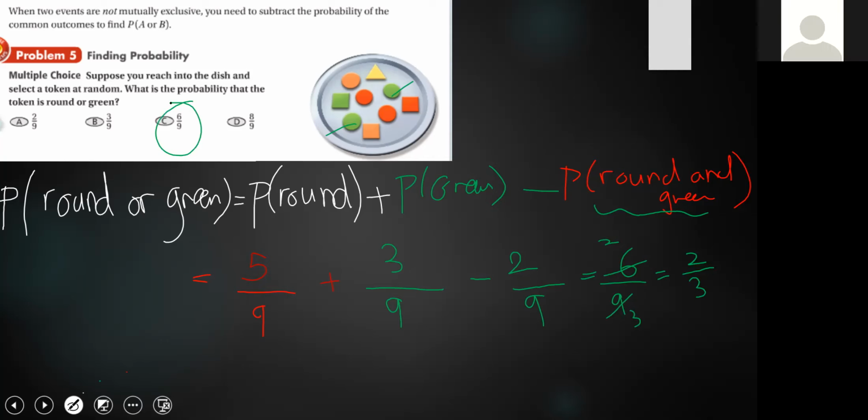Teacher, can you repeat how you got 2 over 9? Here, how many are round and green at the same time? A circle which is colored green?